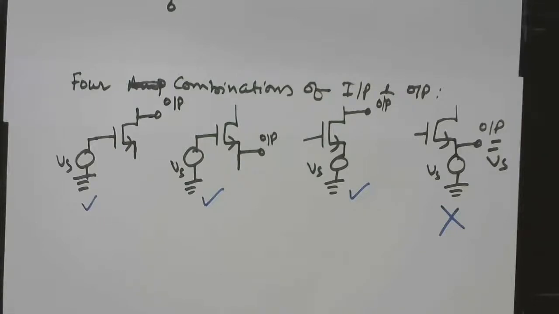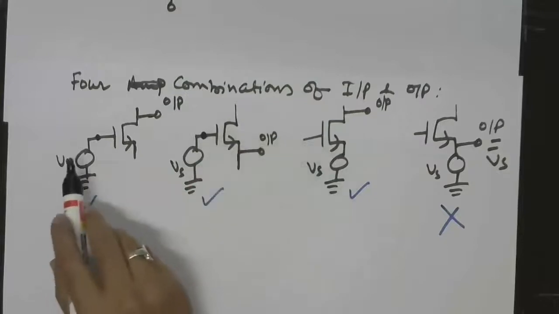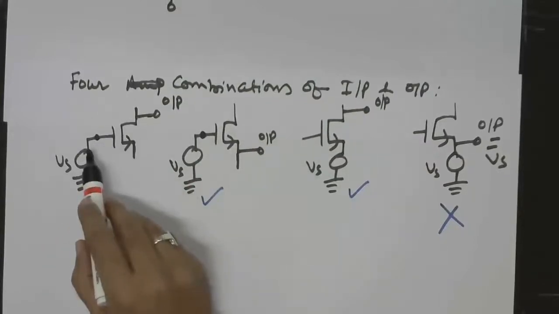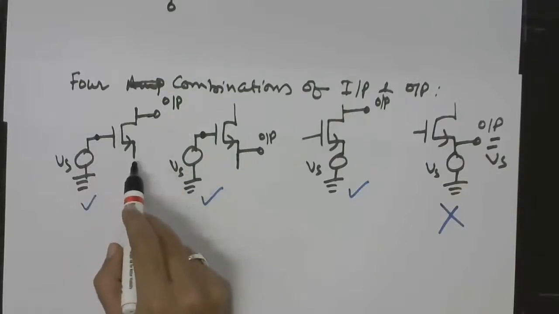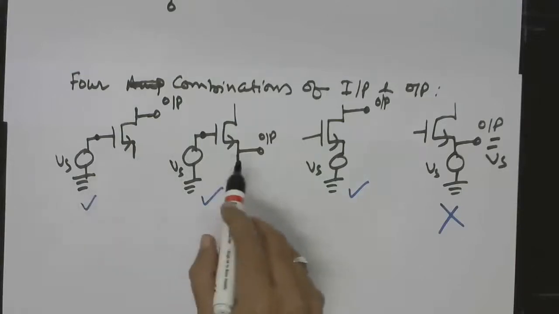Right? So if you look at all these configurations, we have represented them in terms of nodes, where one out of three nodes of the MOS is used for input, another is used for output, and the third one apparently is not used.